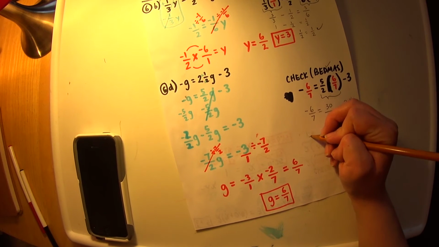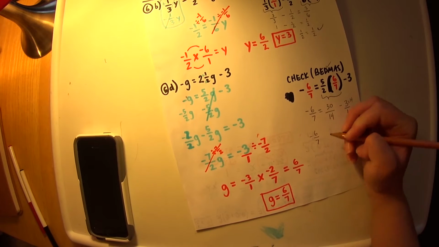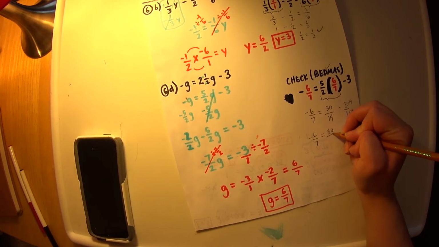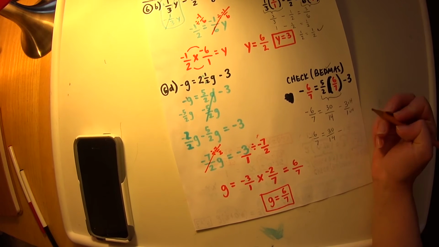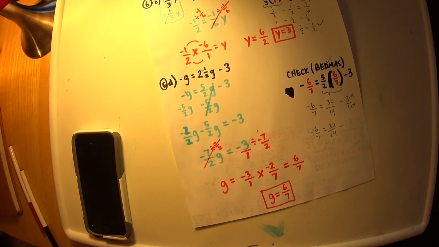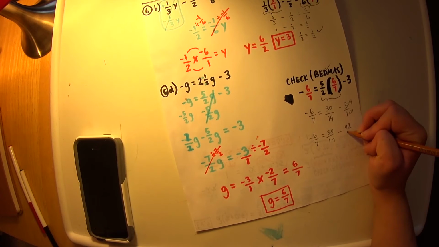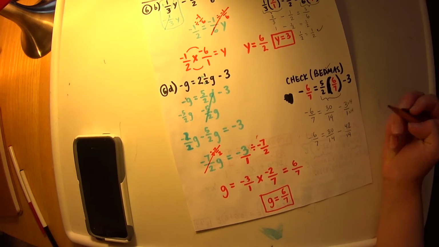So here's what we end up with. We've still got this negative 6 over 7 on the left side of the equation. And now we've got 30 over 14 minus 42 over 14.